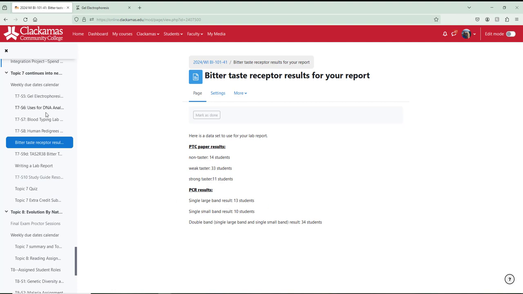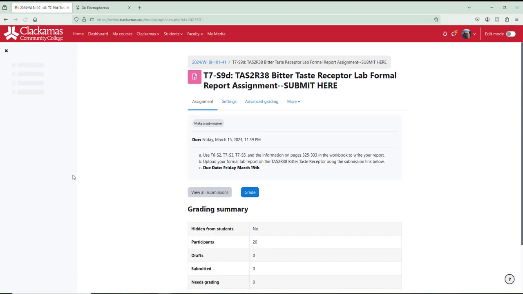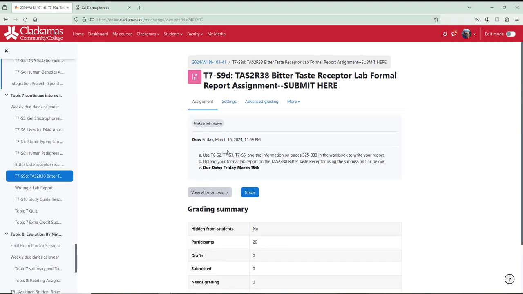You can enter that information there on page 326, just so that it's available when you go to write your lab report. This lab report is not due until March 15th. But you can at least start working on it this week if you want.